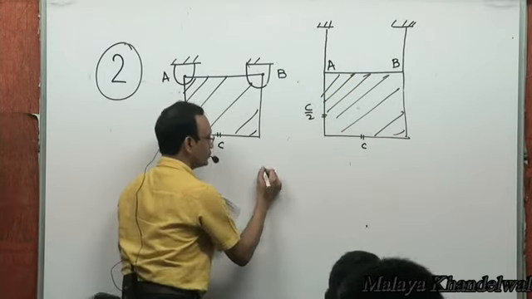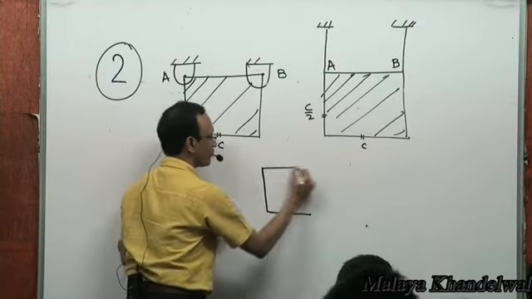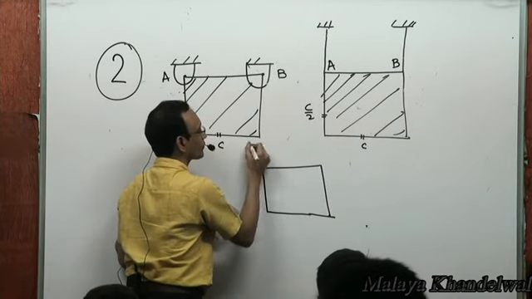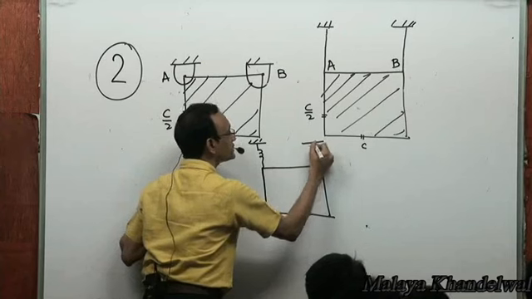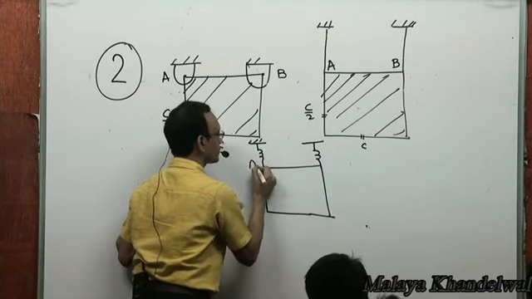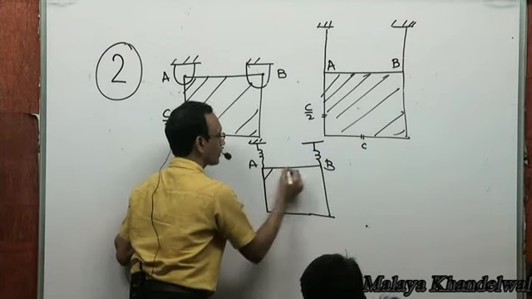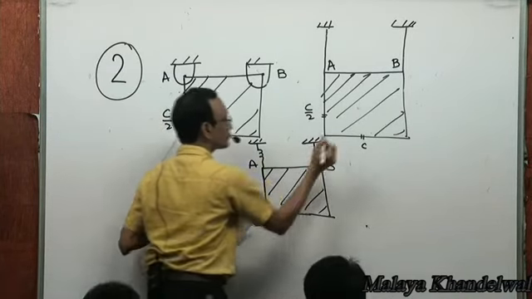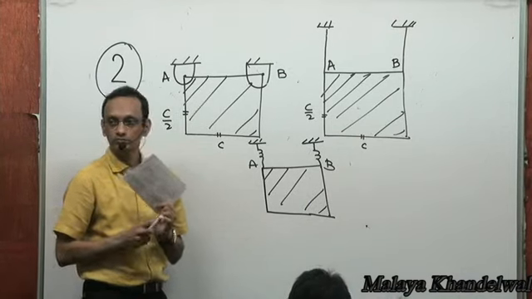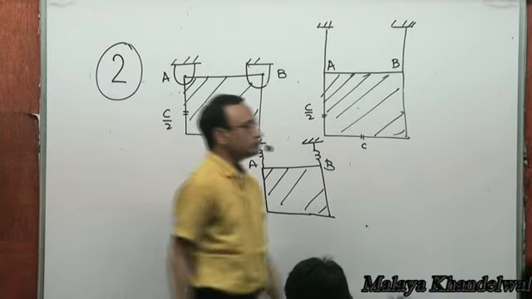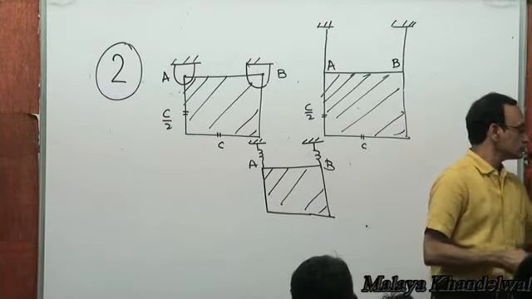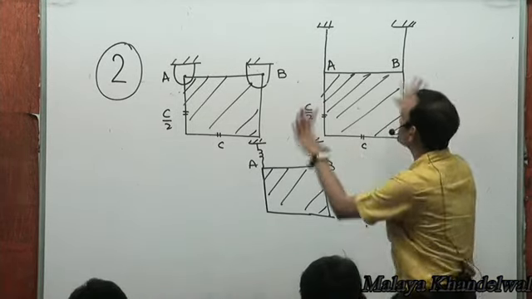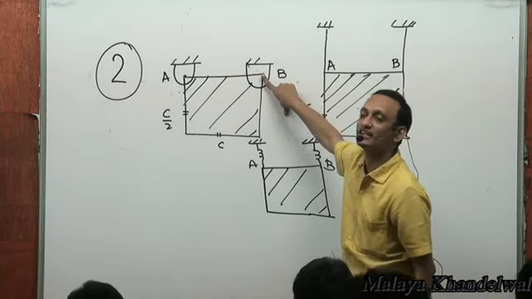And the third mode was the following. Two identical springs. Now, what is done is, in each of these cases, B is released.